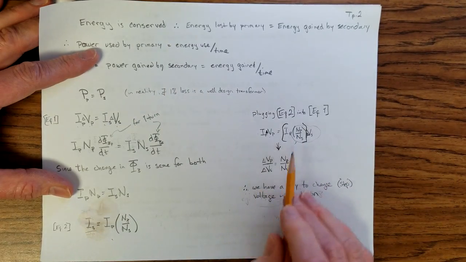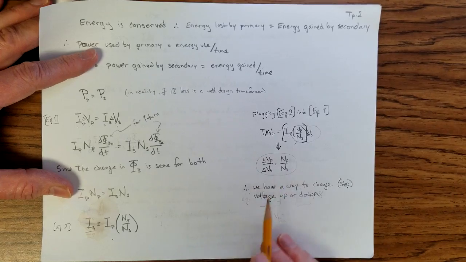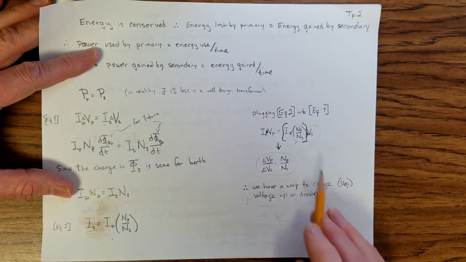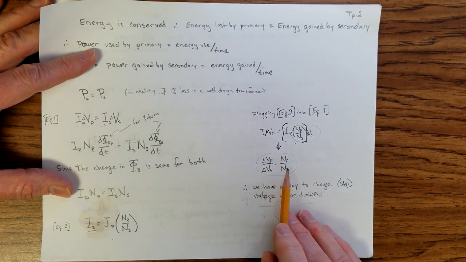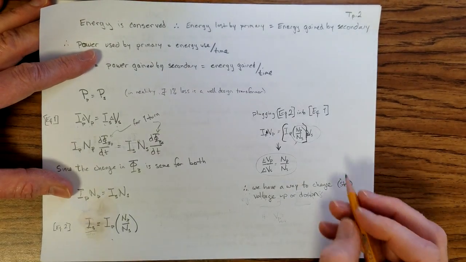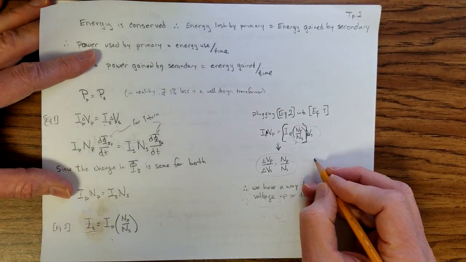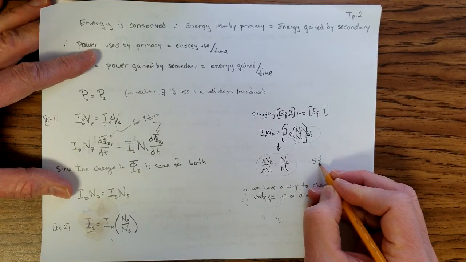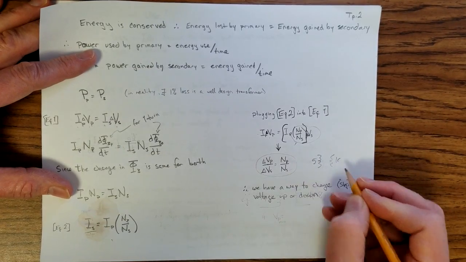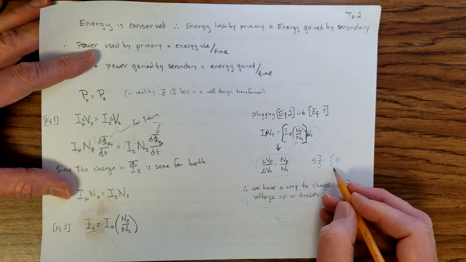And we get rid of the current of the primary, and we end up with this relationship right here. So now we can change voltage depending upon the ratio of coils. So if I have 5 coils in the primary and 10 coils in the secondary, I'm going to double my voltage.